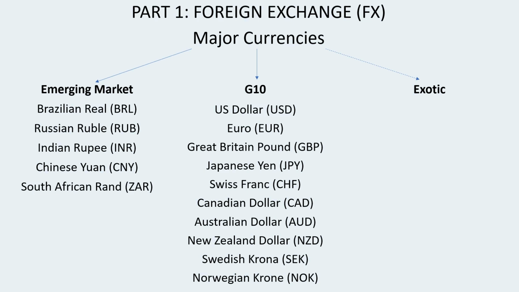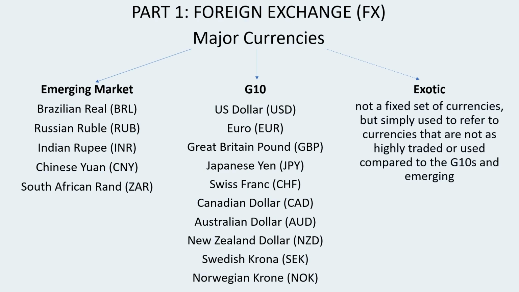Next, we have the exotics. This is not a fixed set of currencies, but simply used to refer to currencies that are not as highly traded or used compared to the G10s or the emerging market currencies, but well known enough not to be totally obscure.